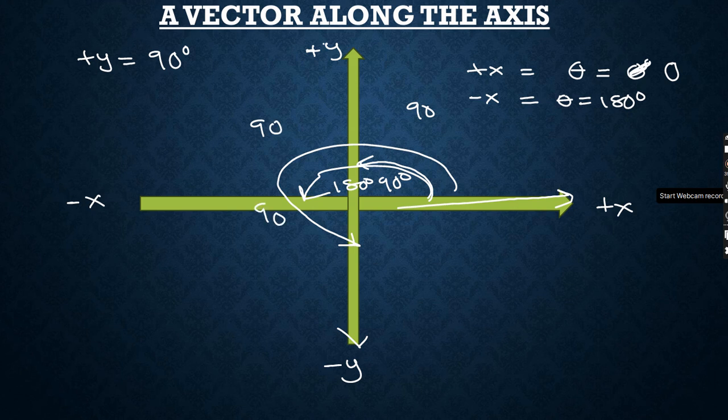So when you see that it is moving in the negative y direction, just know that the angle is 90 plus 90 plus 90, which is 270. So guys, you need to know this by heart.